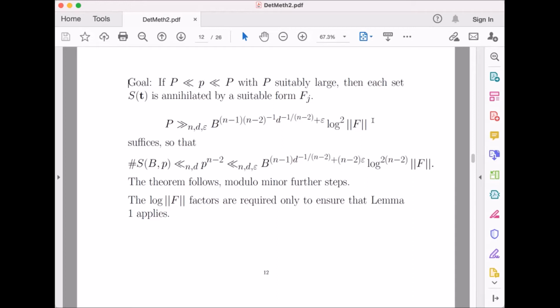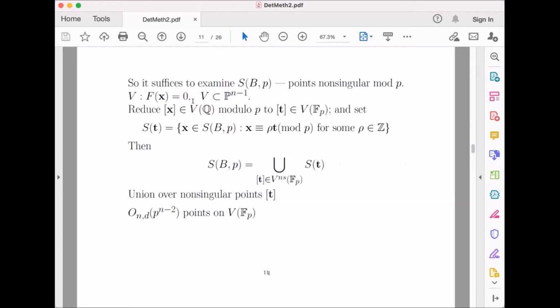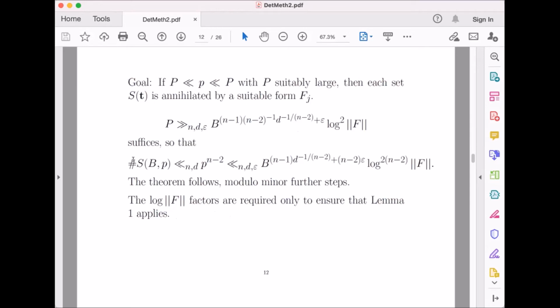And because of the number of points on V_F mod p, p to the n-2, that will mean that the number of forms that we need is of order p to the n minus 2, which is going to be this big.